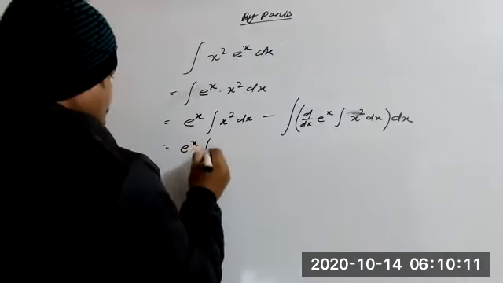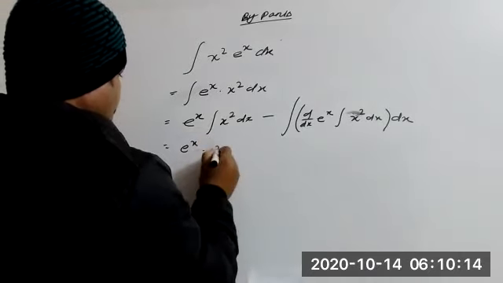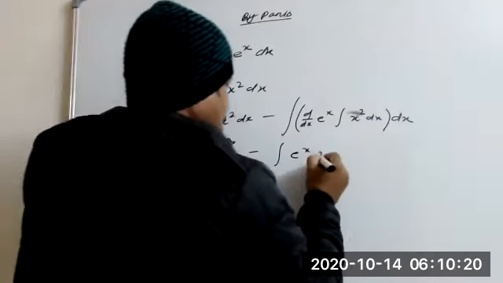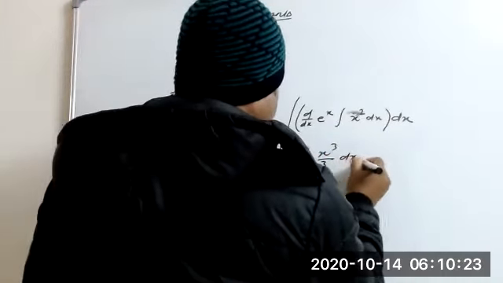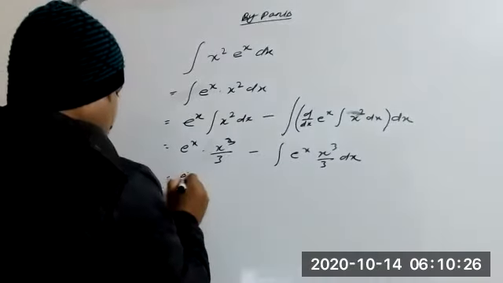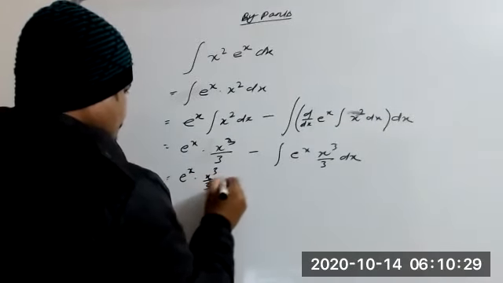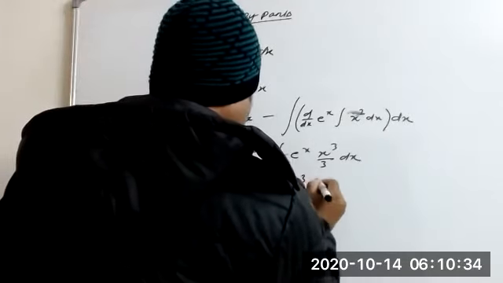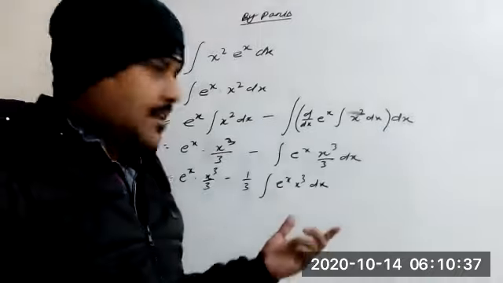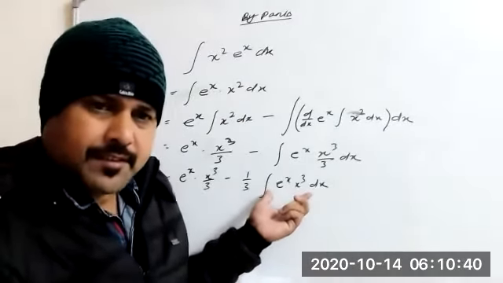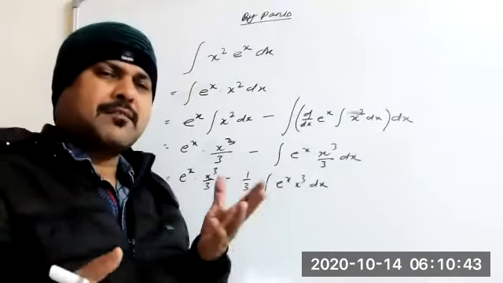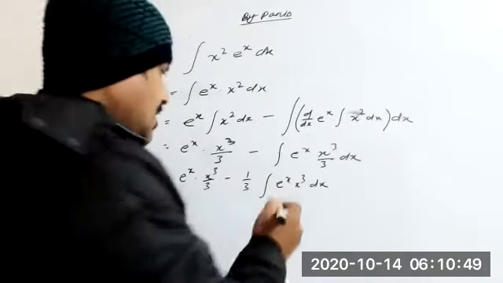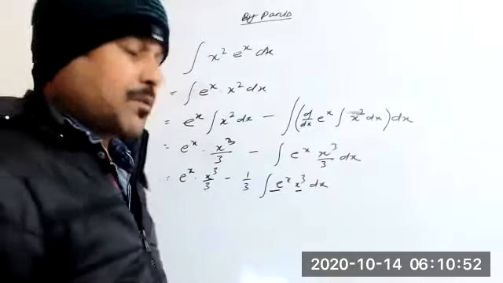So e to the x into x cubed by 3 minus e to the x into x cubed by 3 dx. That is e to the x x cubed by 3 minus 1/3 integral of e to the x x cubed dx. Again, these are two different functions, so again I need to use by parts, right? This is the first function, this is the second function.